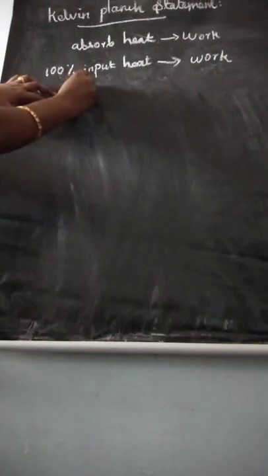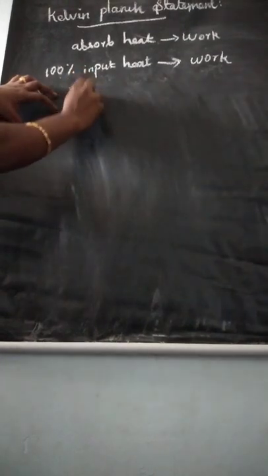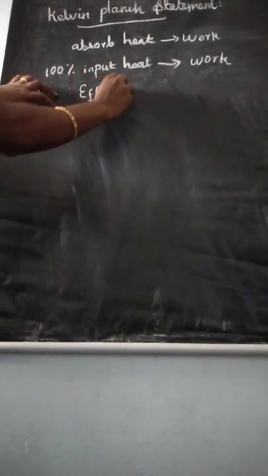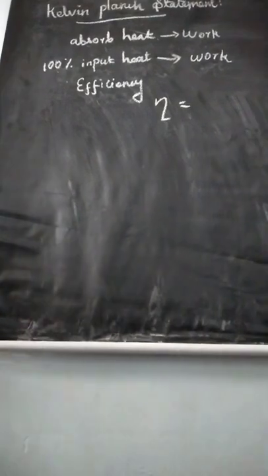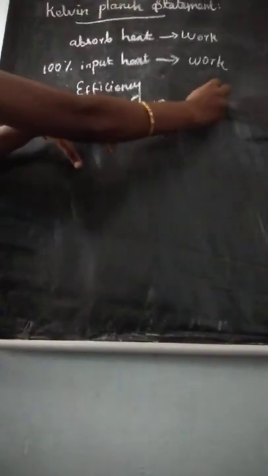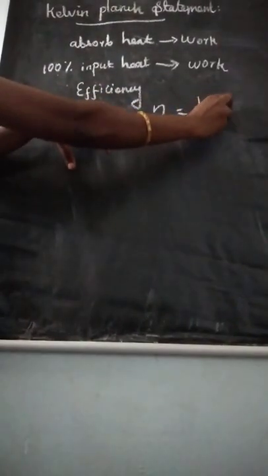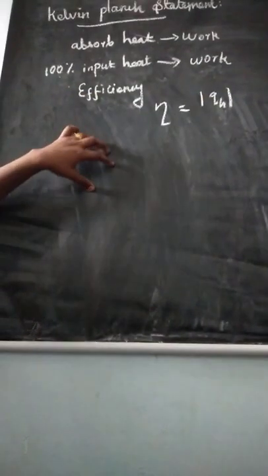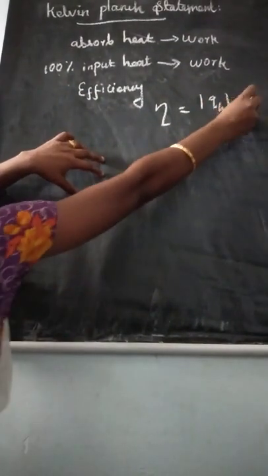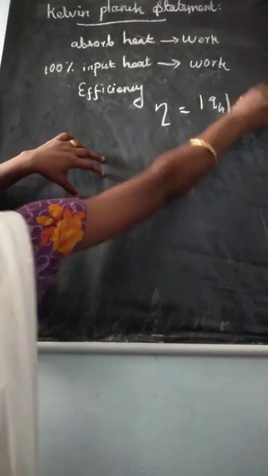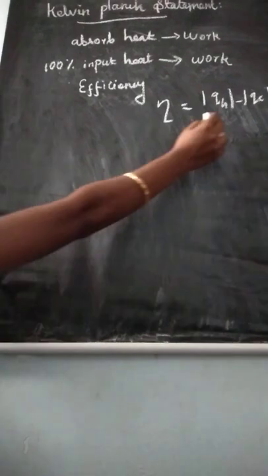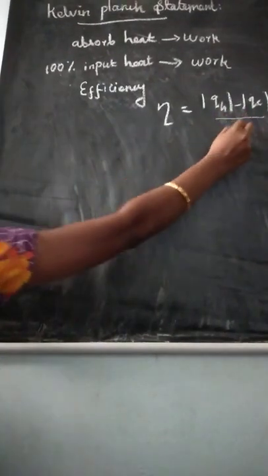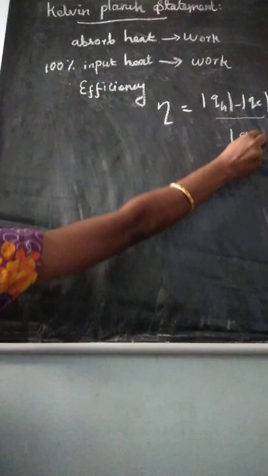You know the formula for efficiency. Efficiency symbol is eta. Eta is equal to modulus QH minus modulus QC, divided by modulus QH.